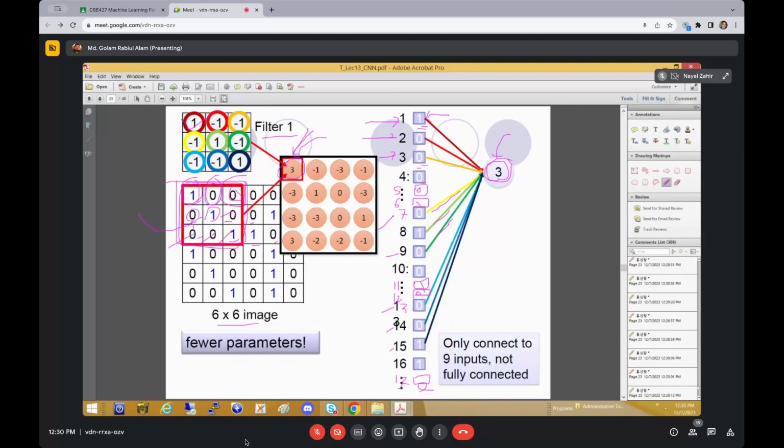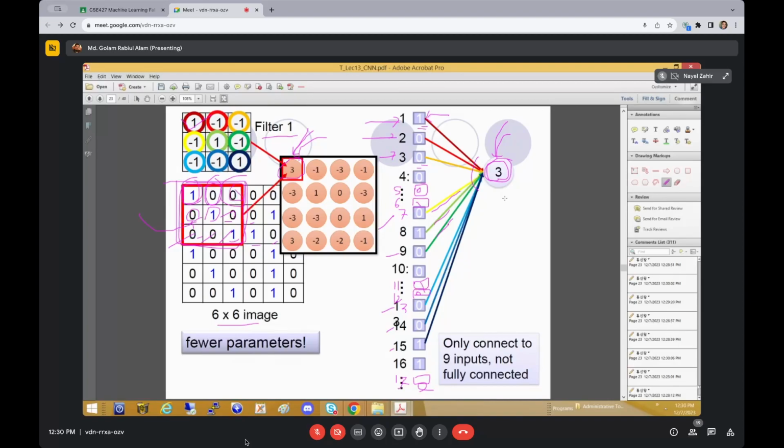Now instead of the full connection, where we have to connect each and every neuron of our input image to our hidden layer values, only selected values are used here, like 1, 2, 3, then 7, 8, 9, and then 13, 14, and 15. That means we have reduced the connections.